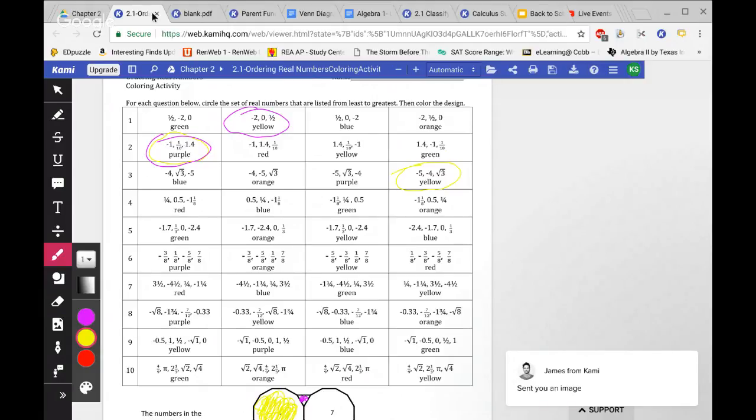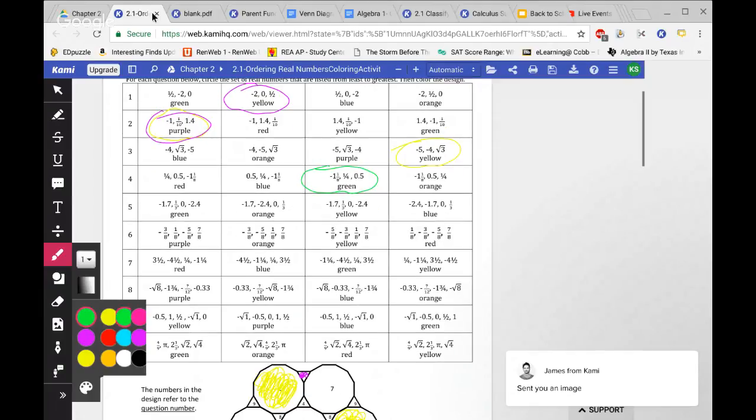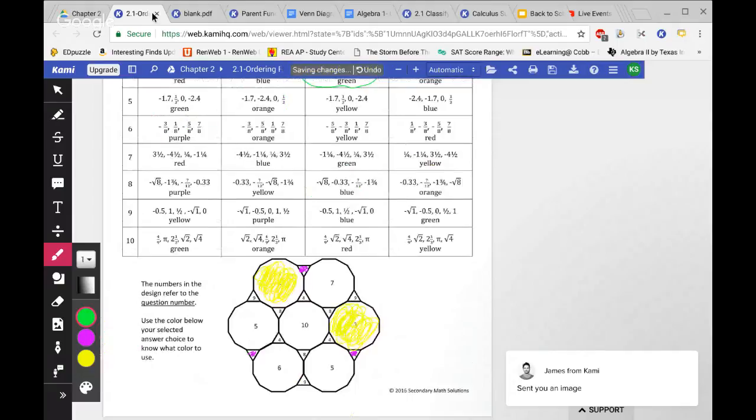So on that one, the way they would be ordered is -1 1/8, then 1/4, and then 0.5. So that one's going to be green. Anywhere there's a number 4, you're going to color it green. Like that.